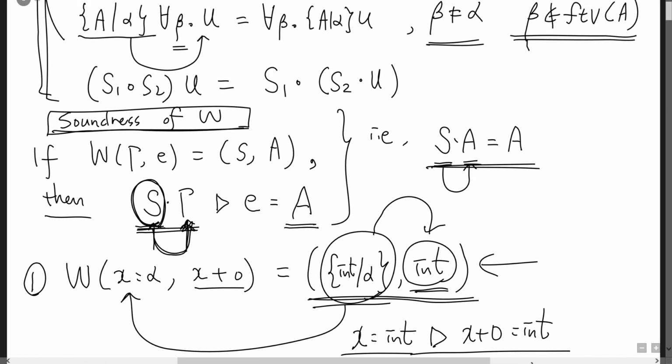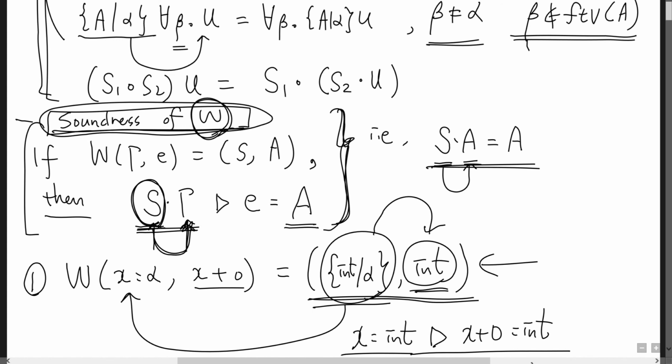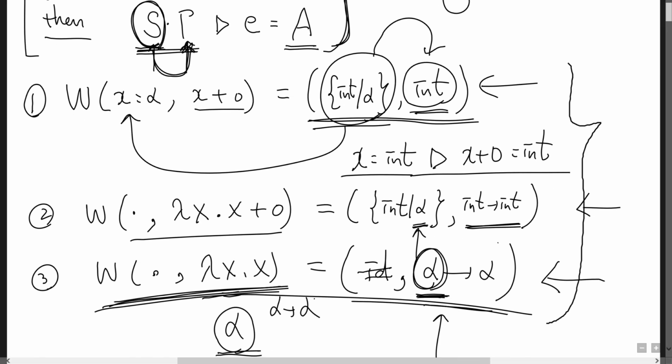And we also discussed the soundness of W. This is the property that the algorithm W should satisfy. So in other words, a correct implementation or correct design of an algorithm W would satisfy this condition. So this statement characterizes the nature, the property of this algorithm W. And we have seen 3 examples. So now we are really ready to develop the algorithm W with all the details. And this will be covered in the next lecture.